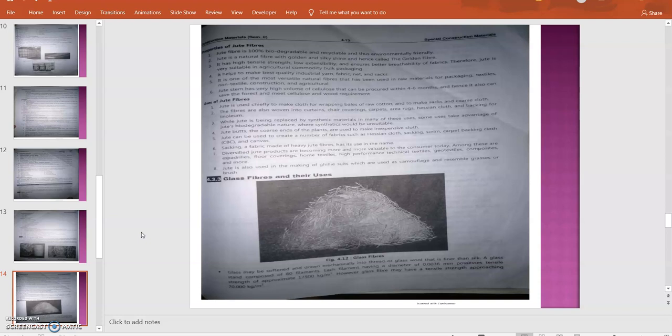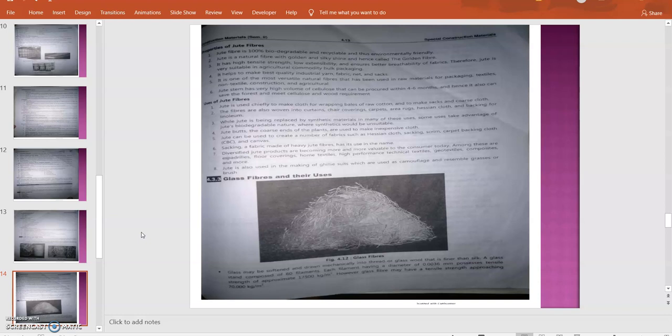It has high tensile strength, low extensibility, and ensures better breathability of fabrics. Therefore, jute is very suitable for agriculture, commonly in agricultural bulky packaging. Then it helps to make the best quality of industrial yarn, fabrics, nets, and sacks.